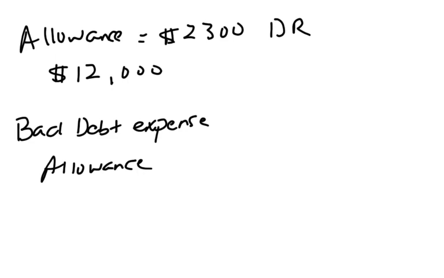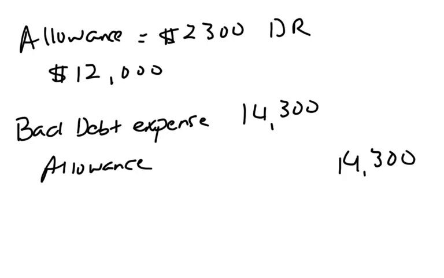Then I can take it on the credit side for $12,000 more. So in total, I'm going to have to credit that account for $14,300 to get it to equal a $12,000 credit. So that's the amount of my adjusting entry this time. Because once I credit the allowance account for $14,300, it has a $2,300 debit balance. That will make it equal the $12,000 credit.